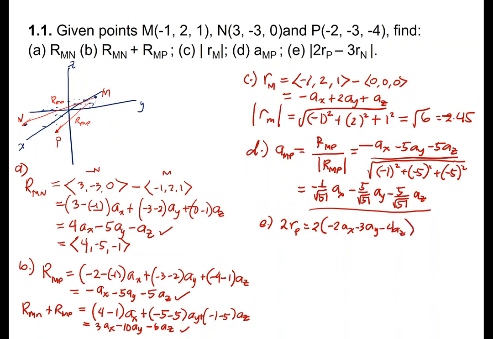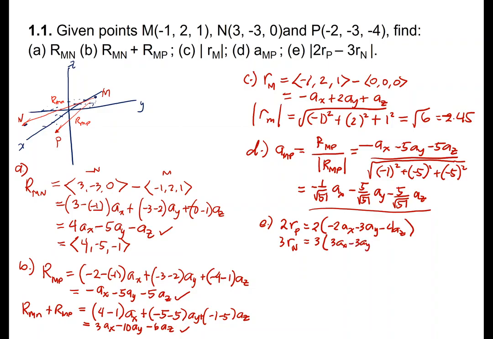I hope you know that it's not directly because P has this coordinate, but because we know that it's from the origin to P. So negative 2 minus 0 is negative 2, negative 3 minus 0 is negative 3. Then you just multiply by 2. Then we have 3RN, so you have 3 times RN. So we have 3AX minus 3AY.